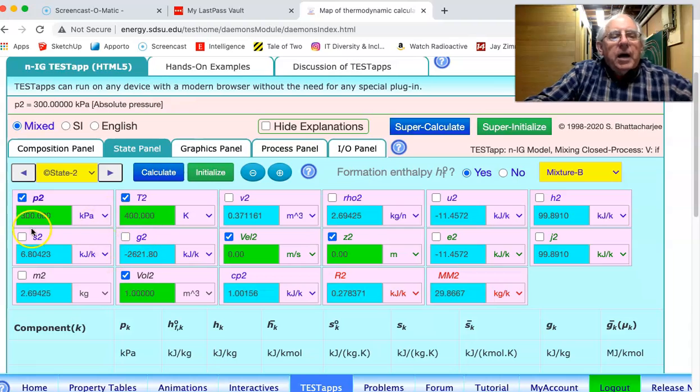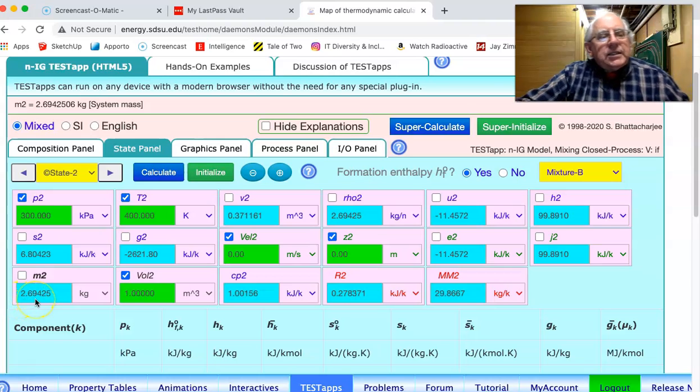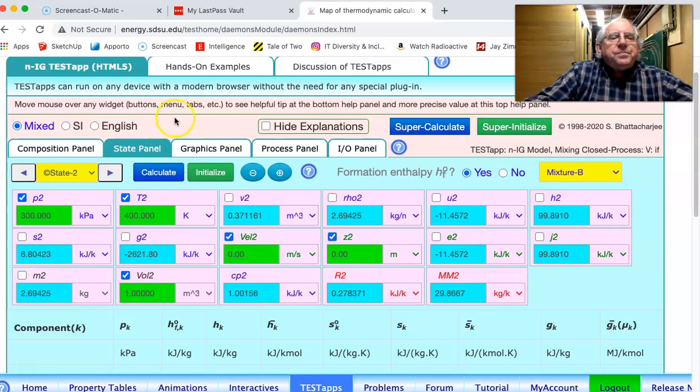With this, it determines that the mass in the right-hand side is 2.69, which is divided in half between the oxygen and the nitrogen. So we have mixture B.